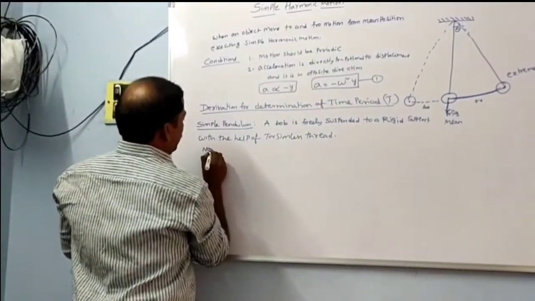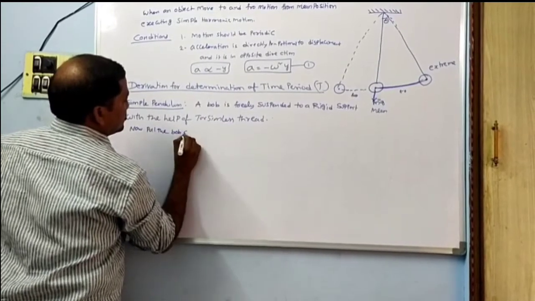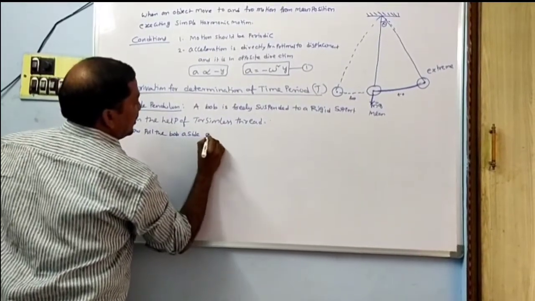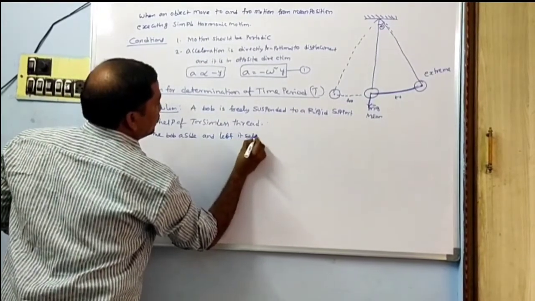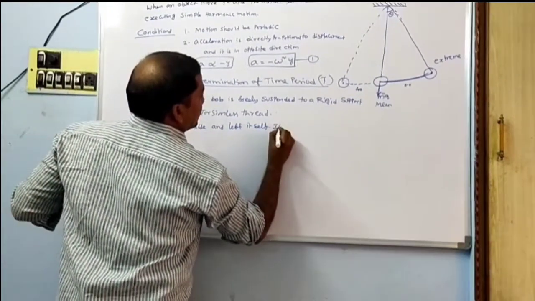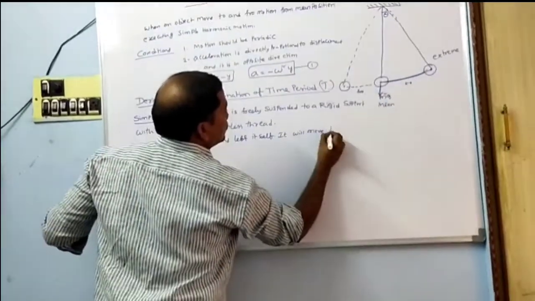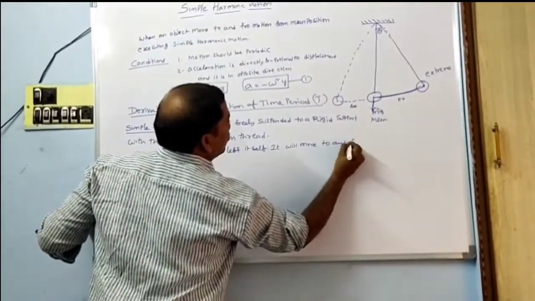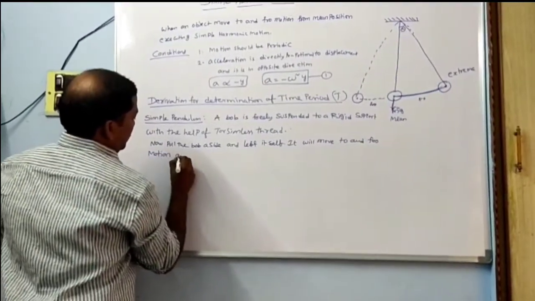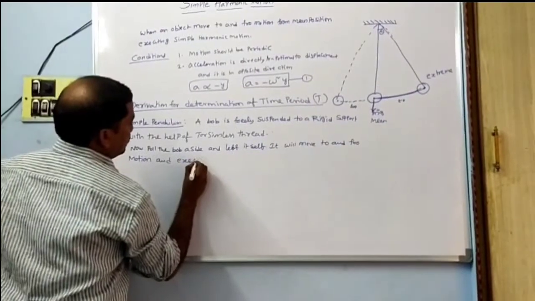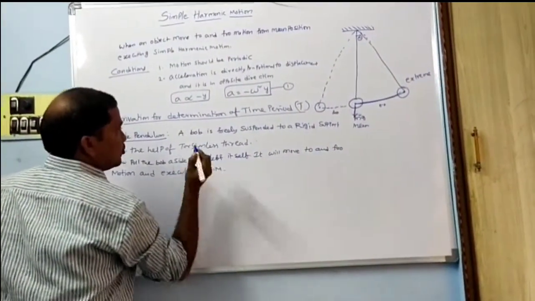So pull the bob aside and leave it, it will move to and fro and execute SHM, simple harmonic motion.